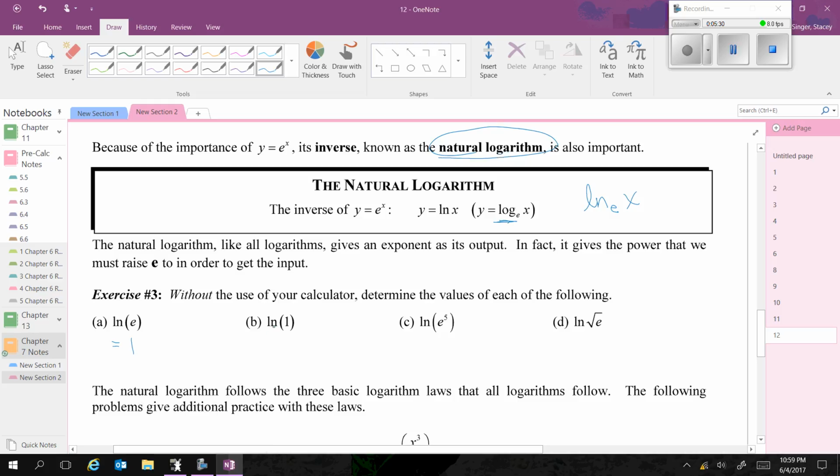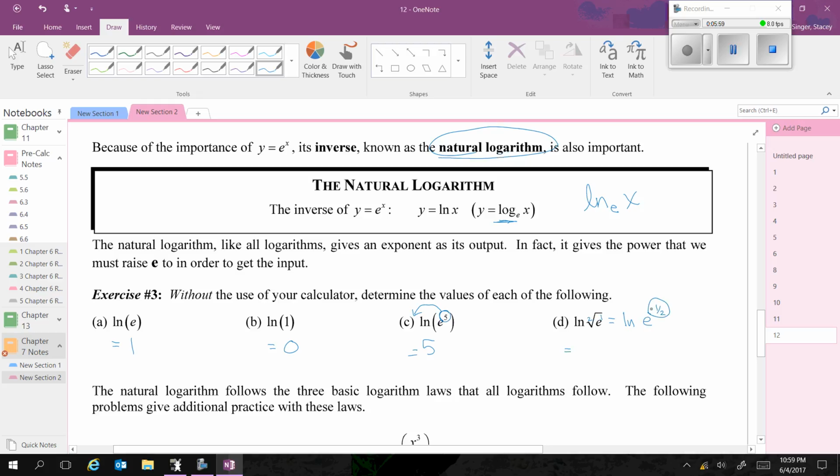If I have the natural log of 1, that has to be 0, because e raised to the 0 power gives me 1. Again, natural log of e raised to the 5th. Natural log and e cancel out, bring my exponent out in front, so that will give me 5. And then natural log of the square root of e is the same thing as the natural log of e raised to the 1/2, because remember, power over root number.